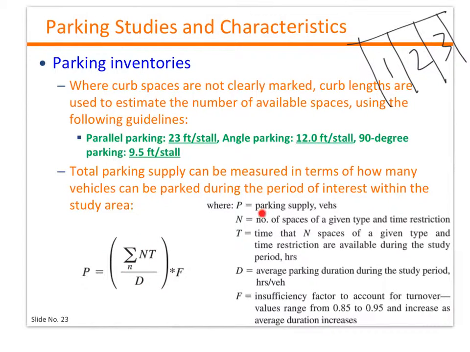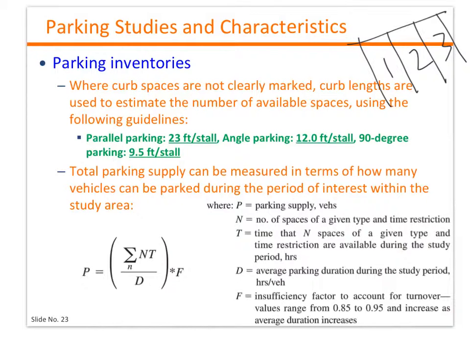N is the number of spaces of a given type and time restriction. T is the time that N spaces of a given type and time restriction are available during the study period, typically in hours. D is the average parking duration during the study period, typically in hours per vehicle.